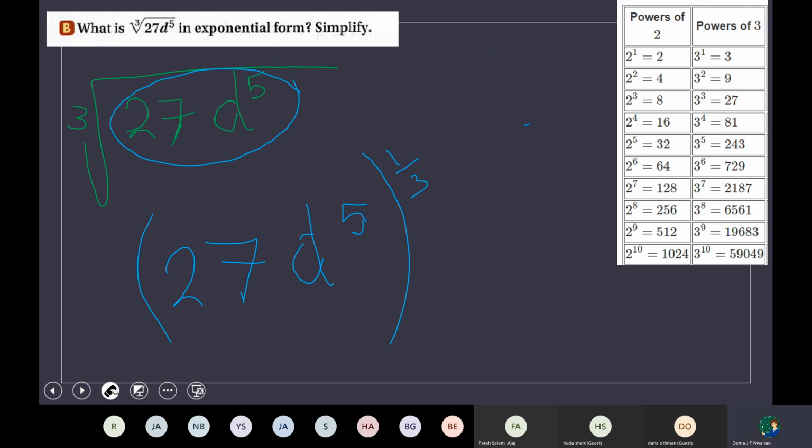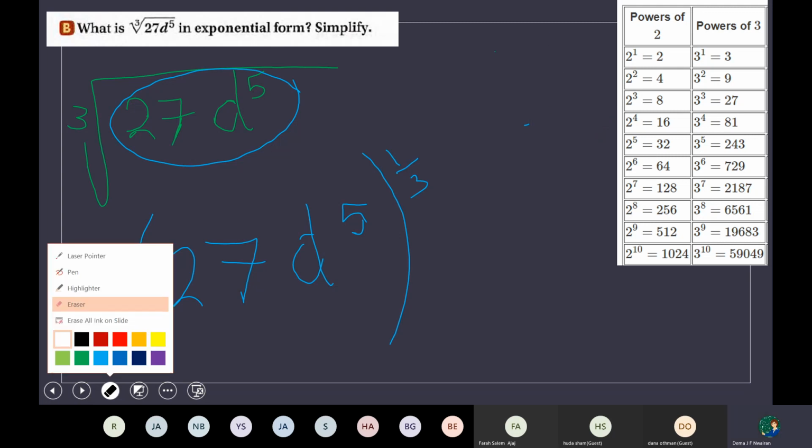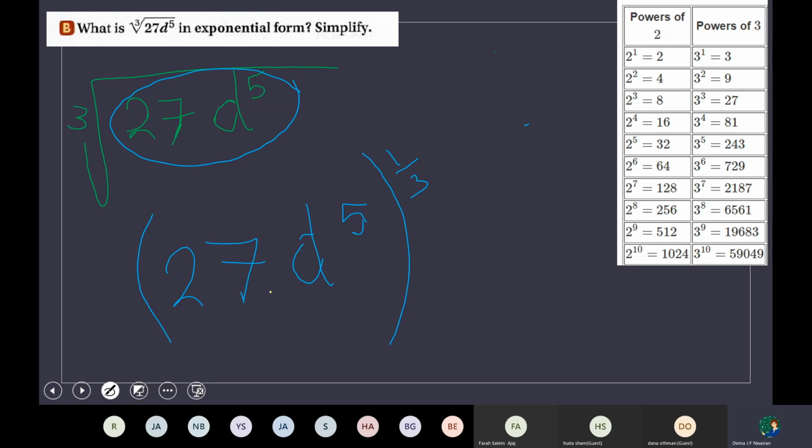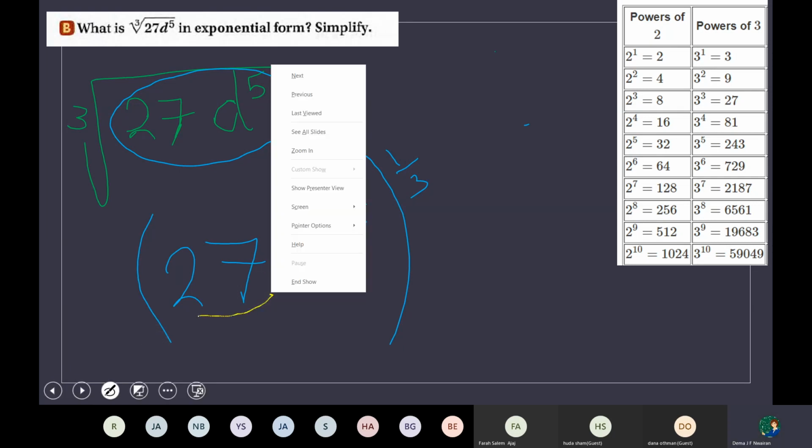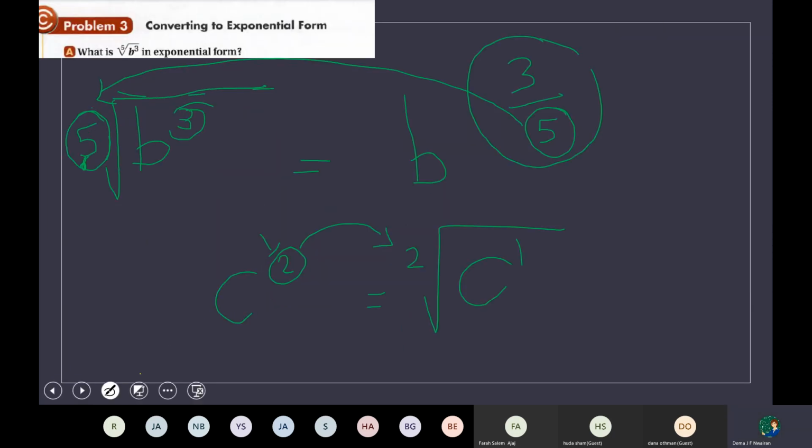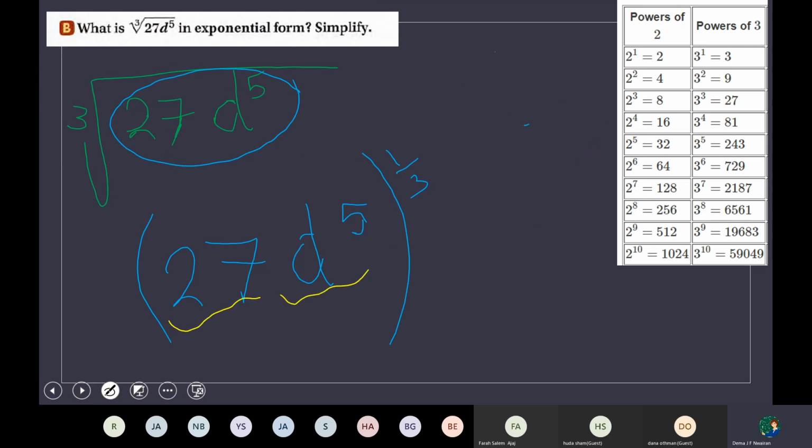And we know that if you have a product of two numbers and they are raised to 1 over 3, I just distribute it into the two terms.